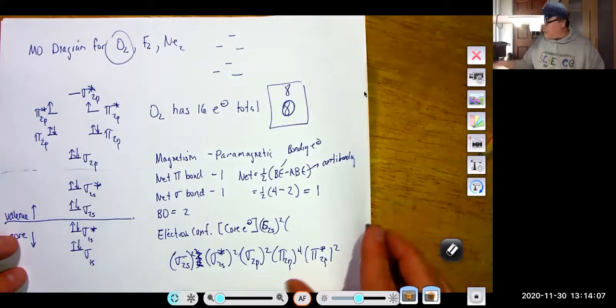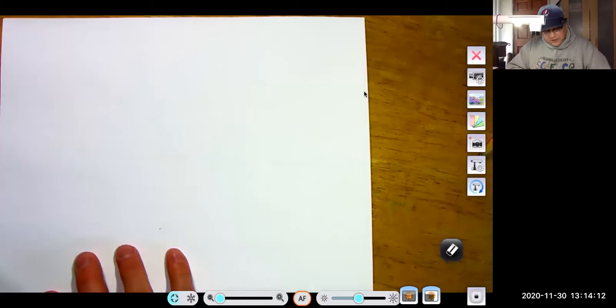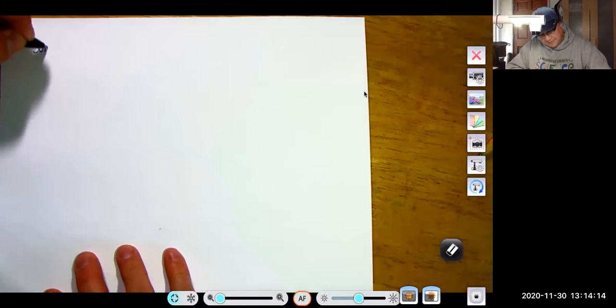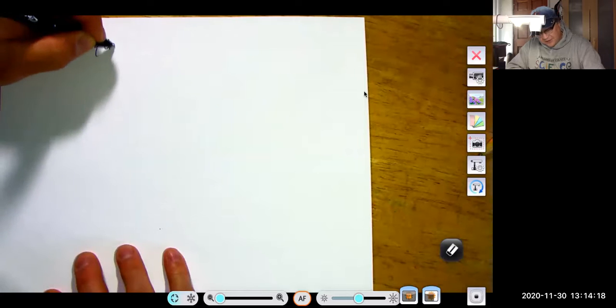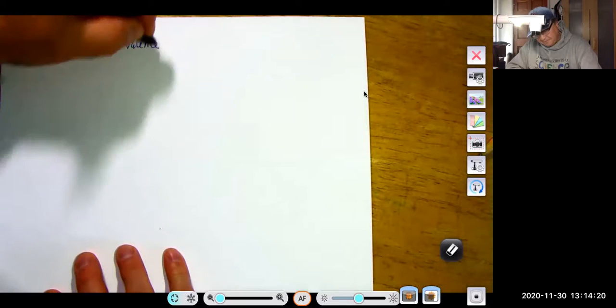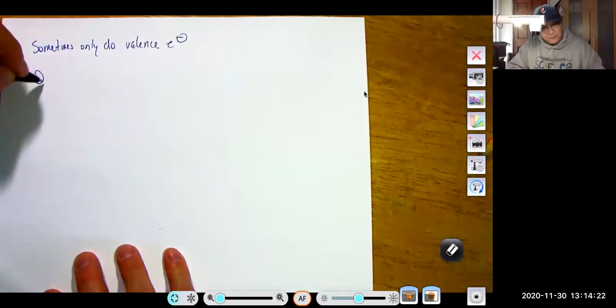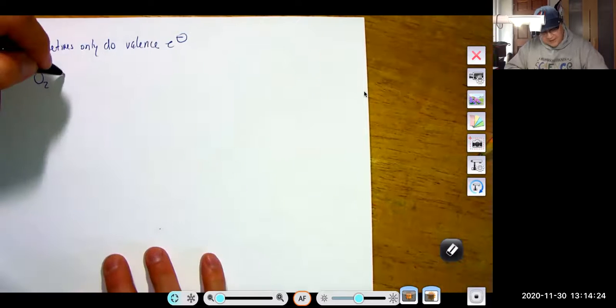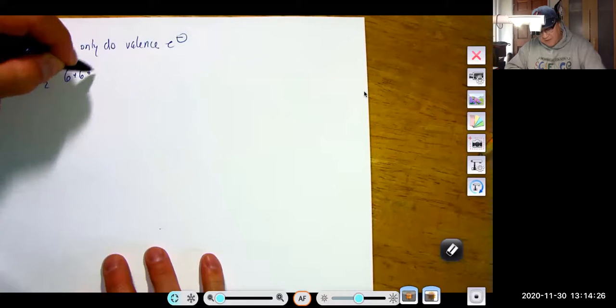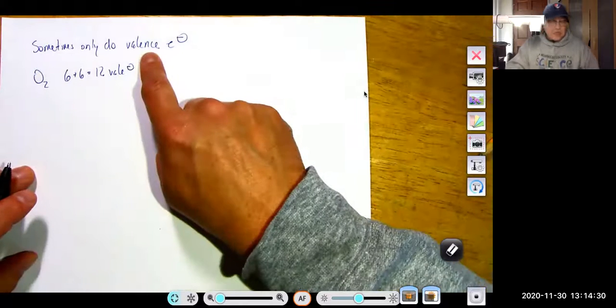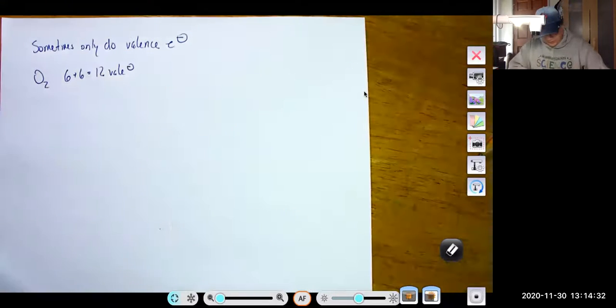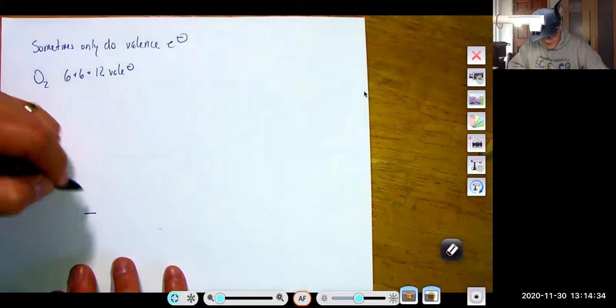Now, I want to give you one little brief thing. Sometimes you only do the valence electrons. So for O2, we're looking at 6 plus 6 for 12 valence electrons. Now, if we're only doing the valence electrons, we only do the valence orbitals. So for O2, it would look like this.